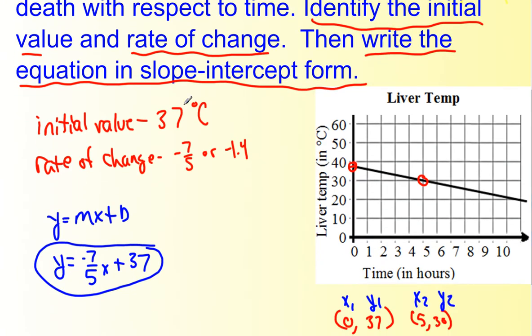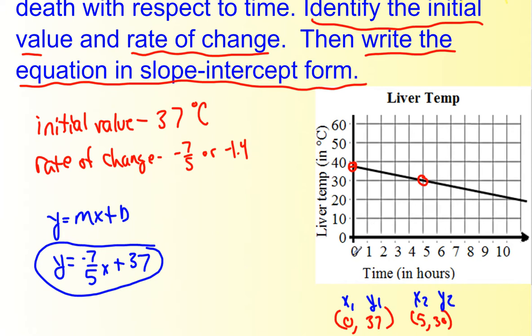So the initial value we said was 37 degrees Celsius. What does that initial value mean? Well, think about it. This is a person who has died. This is number of hours since they've died. So this is 0 hours when they died, after they've been dead for 1 hour, 2 hours, 3, 4, 5, and so on.